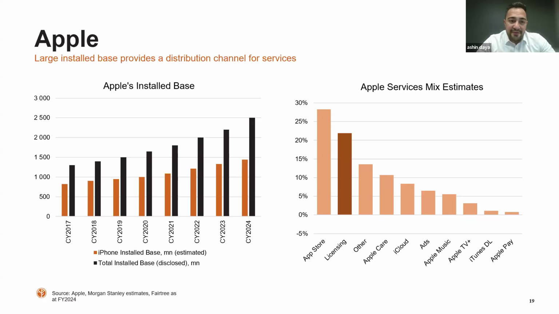For iPhone, Apple has the ability to sell services to 1.5 billion people worldwide, which means you can continue selling services to them even if you're not selling new Apple hardware to them. The fact that they can continue buying services and may be subscribed to various Apple services is a very powerful effect for them.